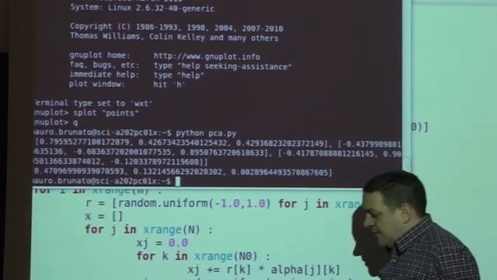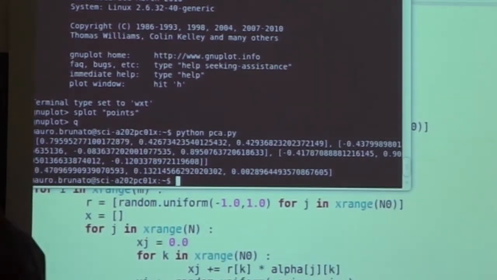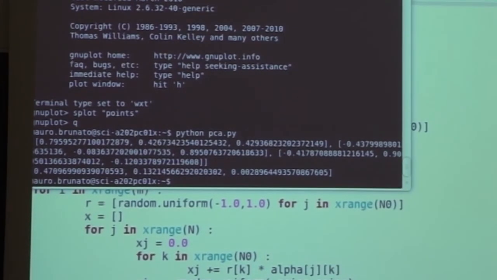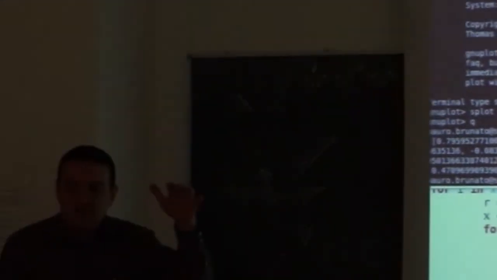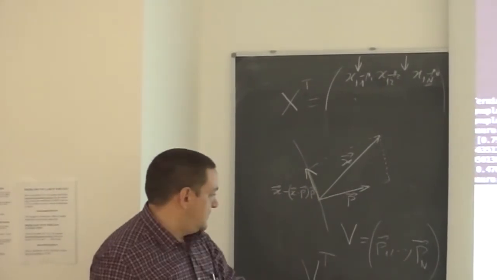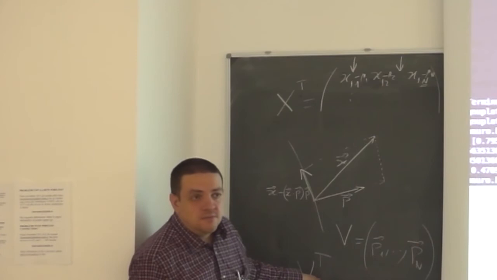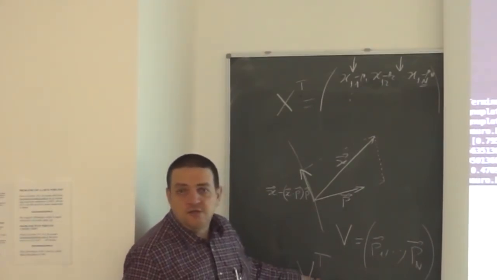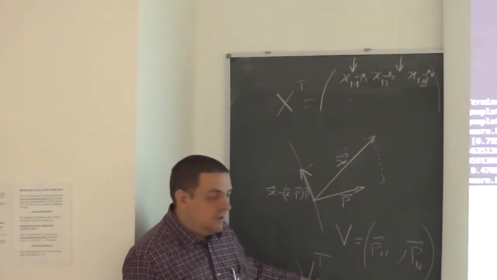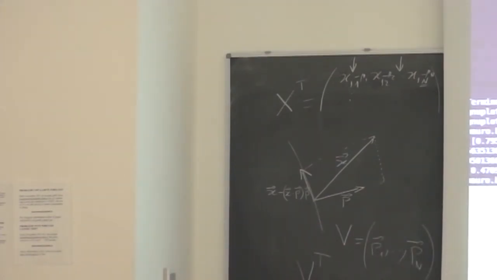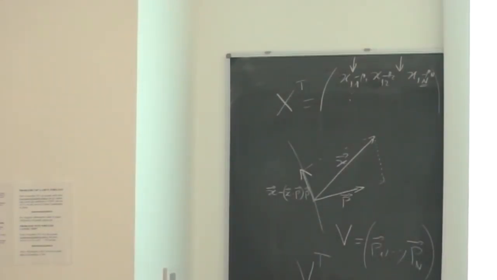Okay, the next thing we can do is actually transform our initial set of points and rotate it according to these new coordinates, so that we actually take advantage of the new data set. So let's go back to the PCA function.